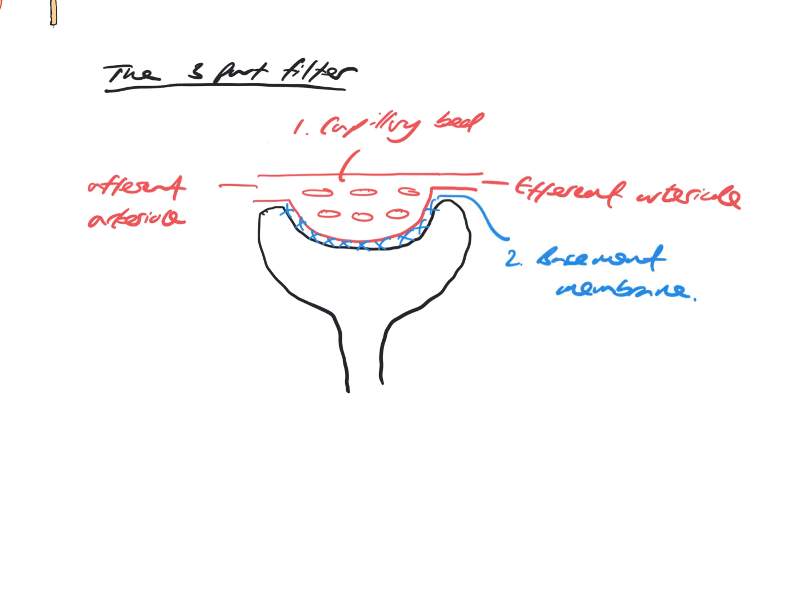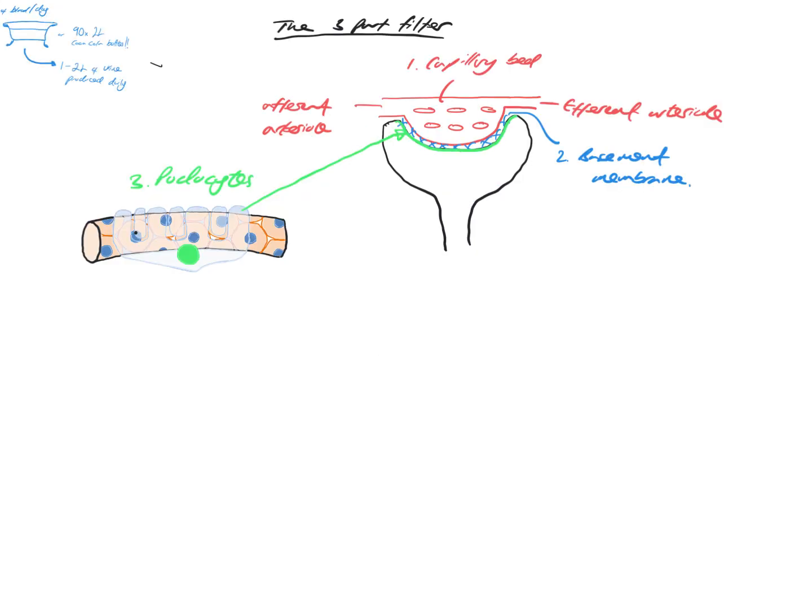The second part of the filter is comprised of the basement membrane, and you can see that as what I've represented as the blue crosses. So this is sitting between the glomerulus and the Bowman's capsule. The third part of the filter comprises of the podocytes, and we will detail those later on, but this is a type of cell which lines the outside of the Bowman's capsule and has finger-like projections.